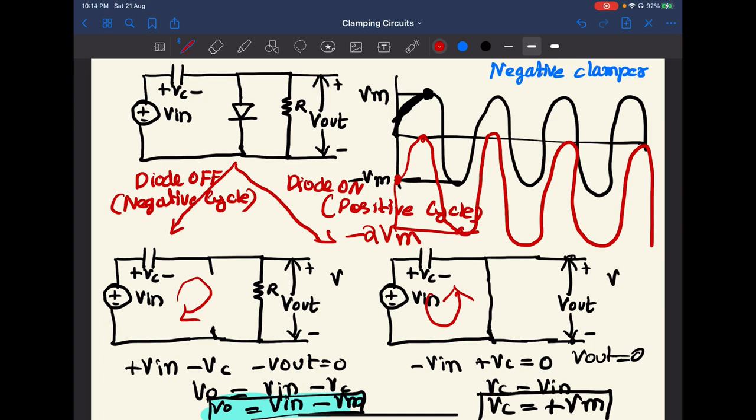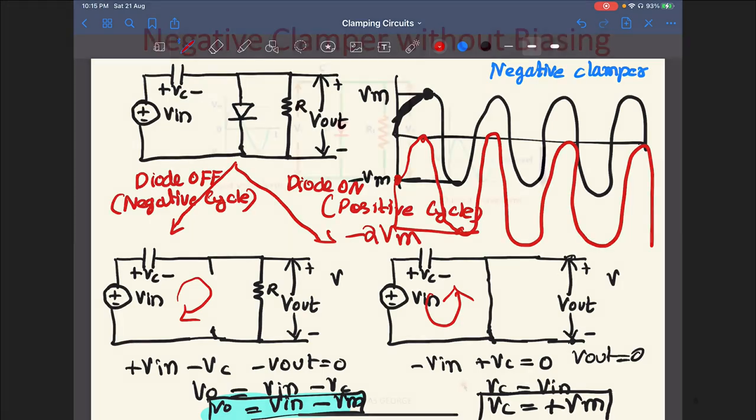That is Vm. First charging to Vm, then providing constant voltage. Then again charging to Vm, then the constant voltage. In that way it moves. And we have got the output wave equation. Using that we plot it and we observe that the input waveform is shifted downwards. That is all about the negative clamper. Okay, thank you.